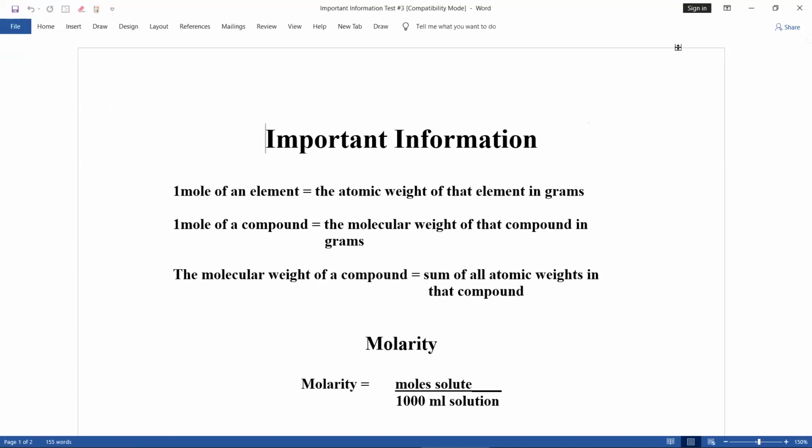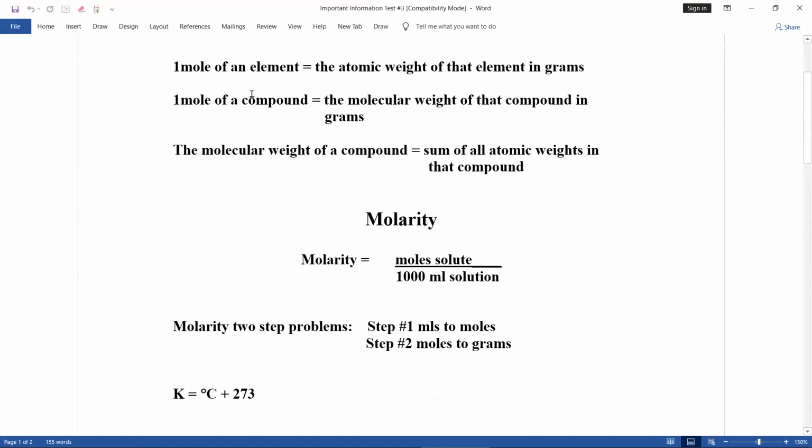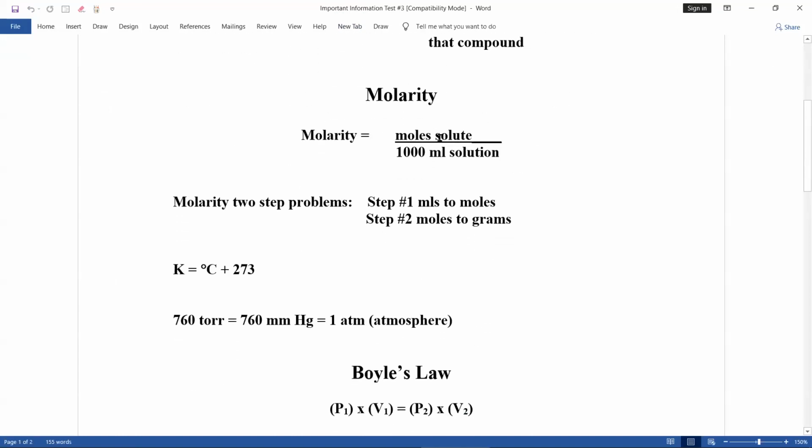Thank you, Ashley. All right, this is for test 3. I recommend if you go to the lecture folder of Blackboard, look at the file, important information, test number 3. And you'll see I give you 1 mole of an element equals atomic weight, 1 mole of a compound, molecular weight is the sum. Ooh, molarity, moles of solute per 1,000 milliliters.